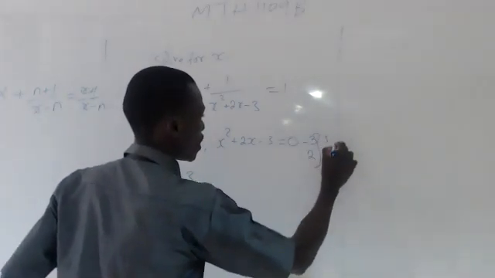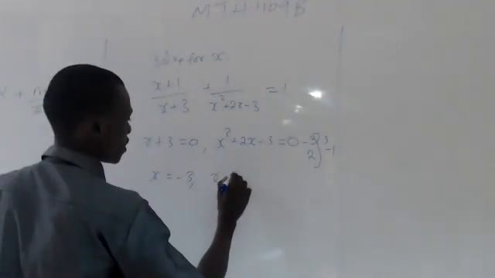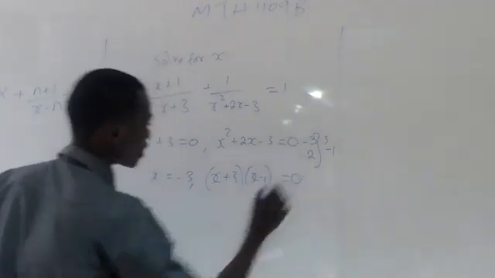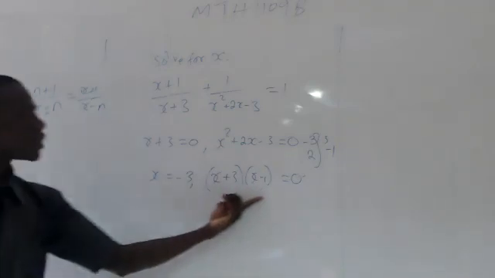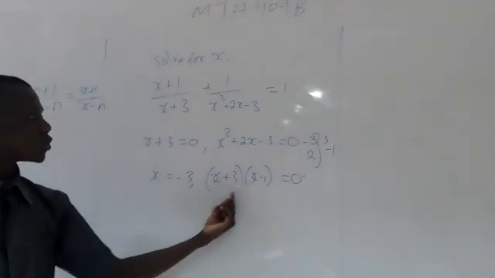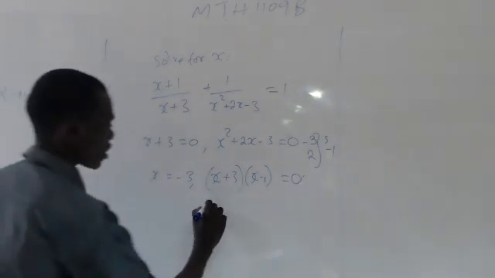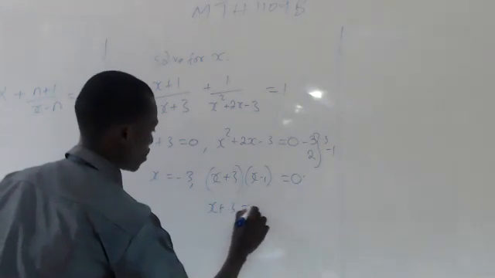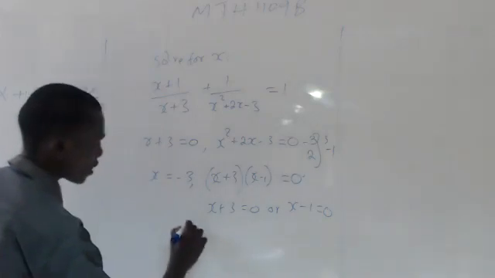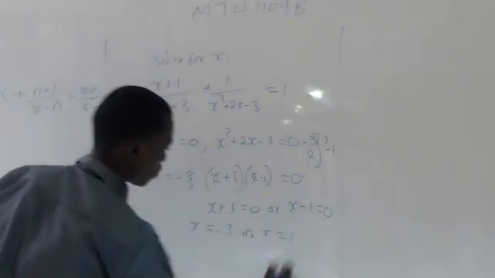So if I take 3 and -1, this expression will be (x plus 3) times (x minus 1). That is how it will factor. Then by the property of real numbers, if you have any two factors of real numbers whose product is 0, then one of them must be 0. So this means either x plus 3 is 0 or x minus 1 is 0, from which you get that x is -3 or x is equal to 1.